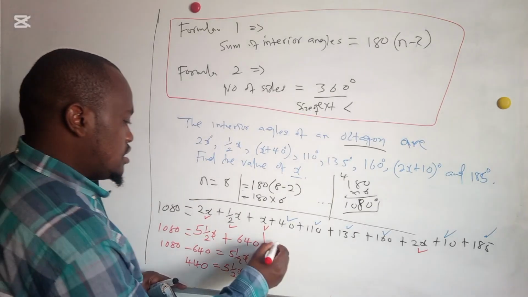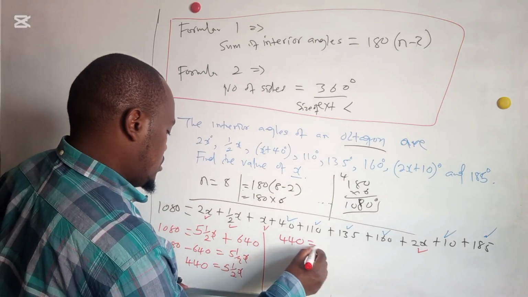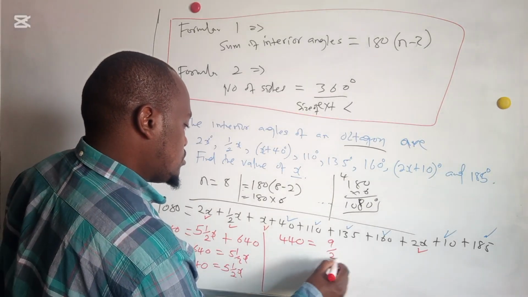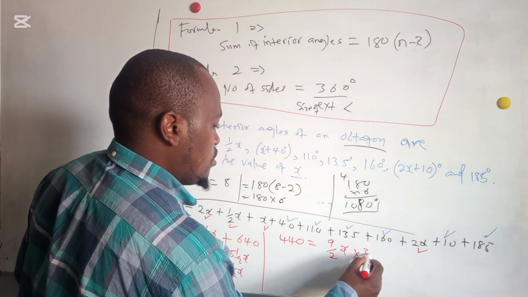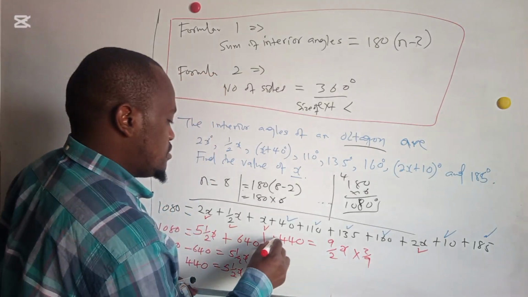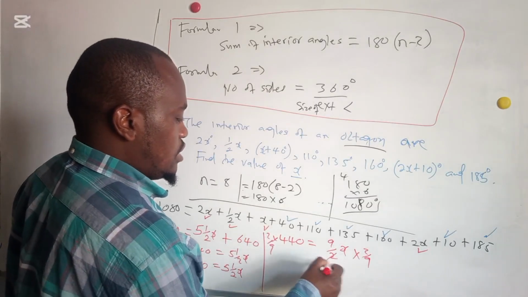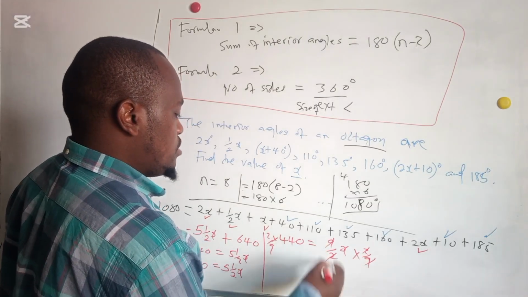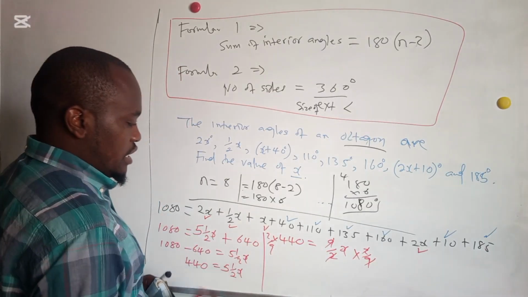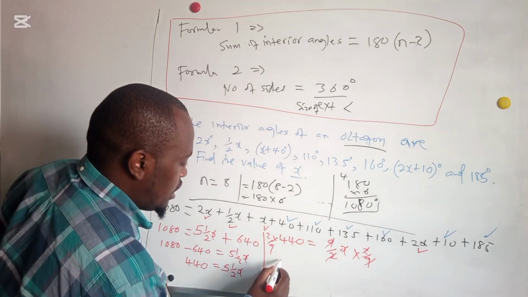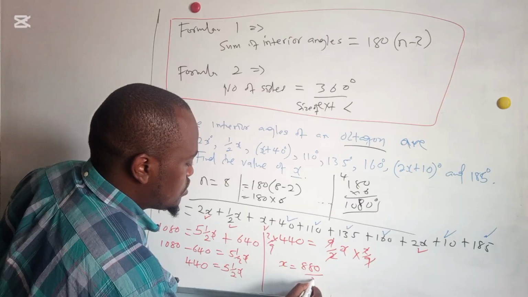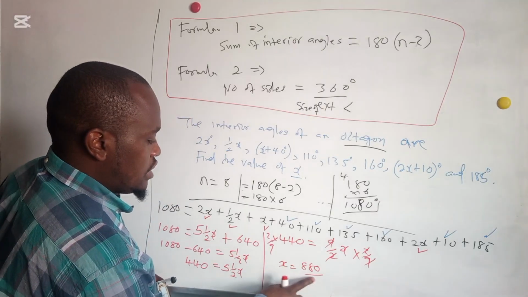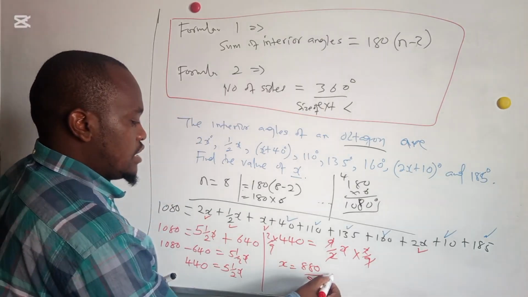So this is 440 is equal to 9 over 2 x, times 2 over 9 on both sides. This one cancels out and you remain with x. So what is x? x is 880 over 9.